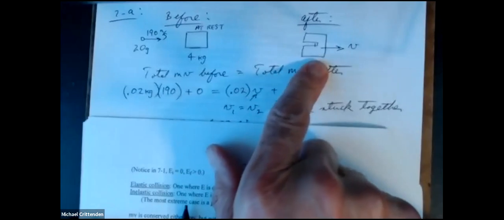The opposite extreme is a perfectly inelastic collision, which is one like this example that I did earlier, where the bullet ends up inside the block of wood.